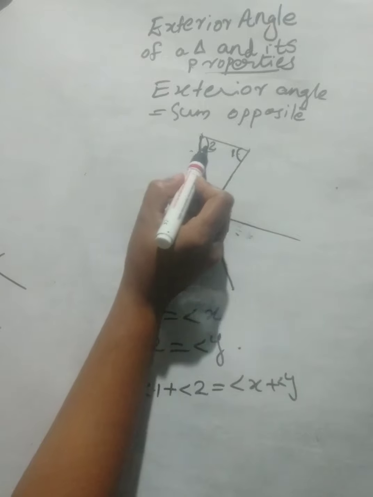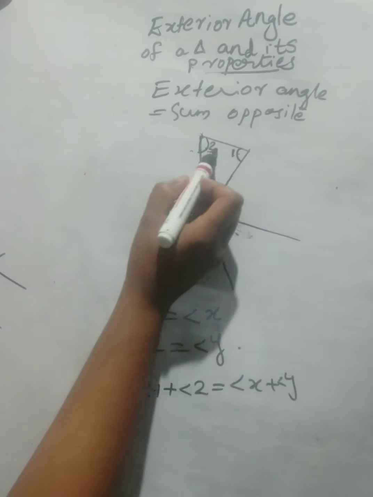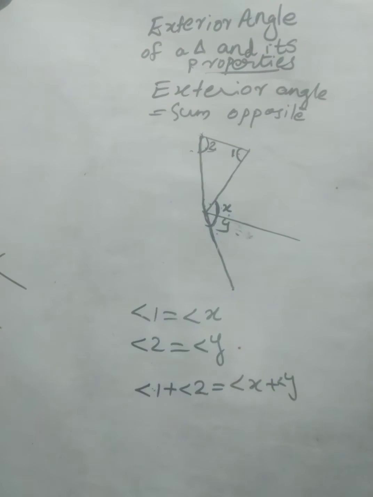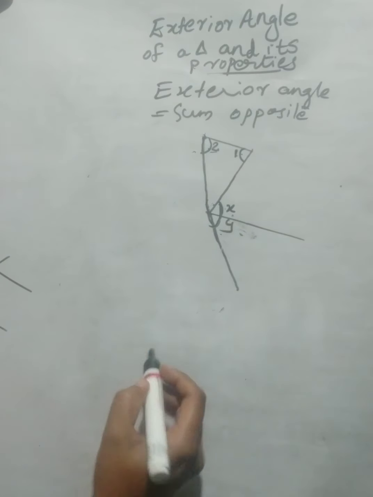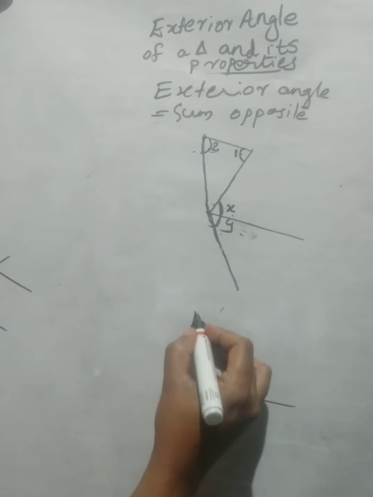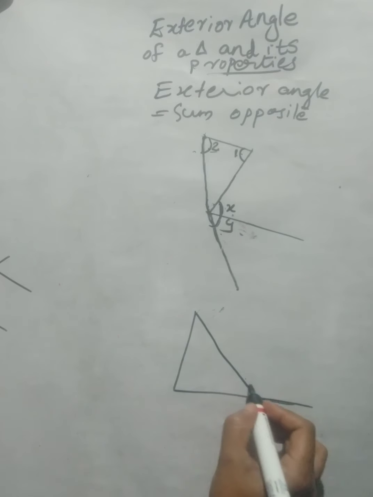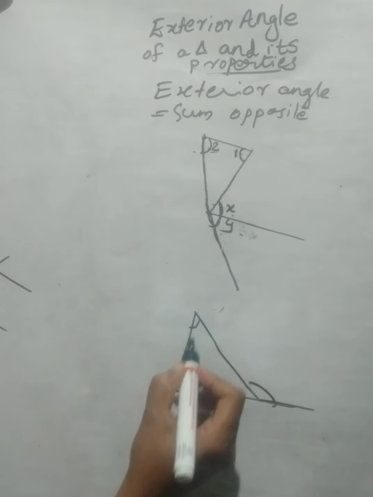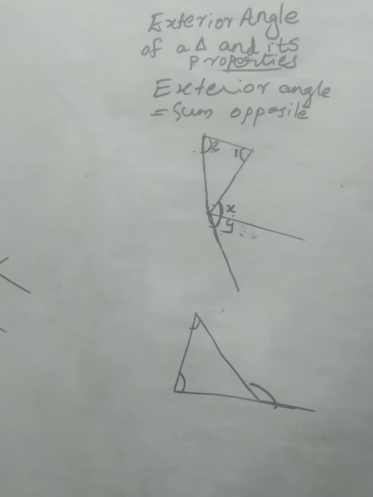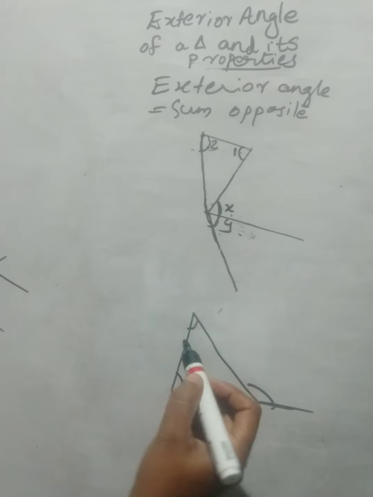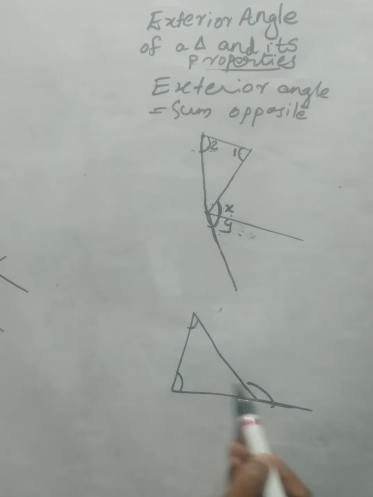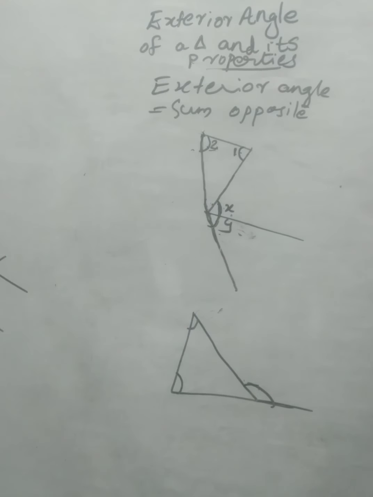Here these two are the opposite interior angles of this angle. Clear? Here is one exterior angle. These two are the opposite interior angles of this exterior angle.